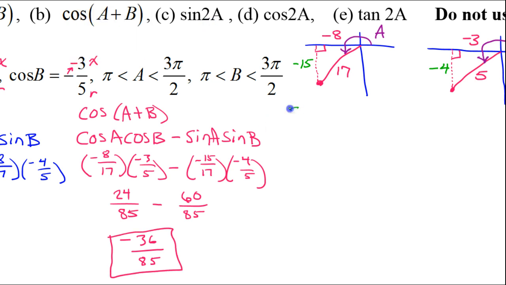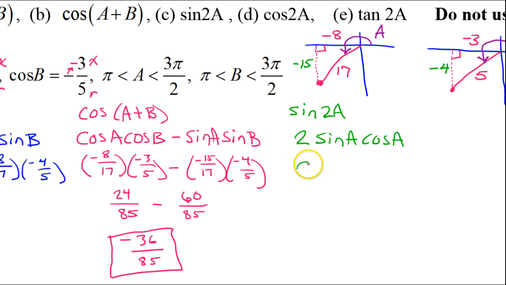Okay, great. So we'll find the sine of 2A. Now, according to the formula, this is going to equal 2 sine A cosine A. Alright, that is just the double angle formula. So, let's see, what do I have?